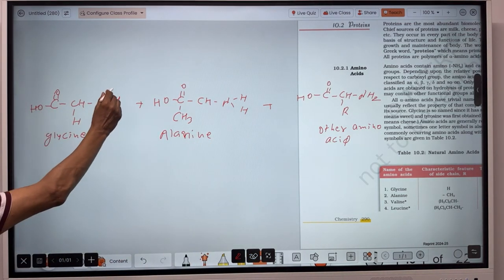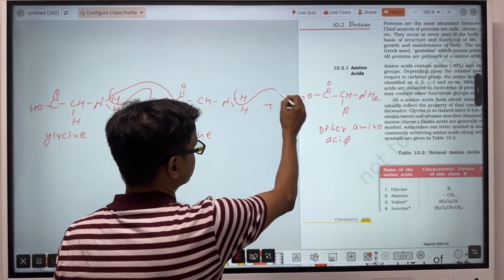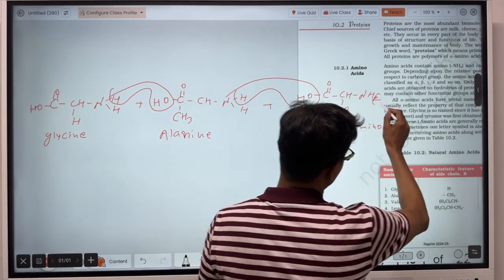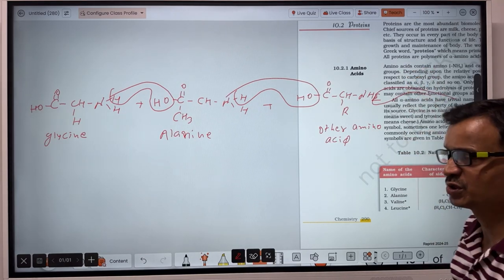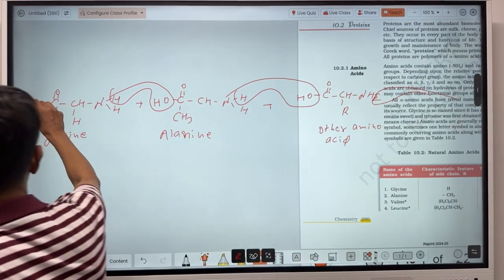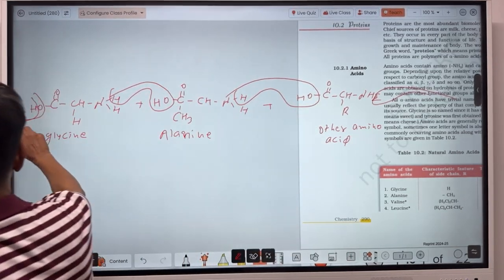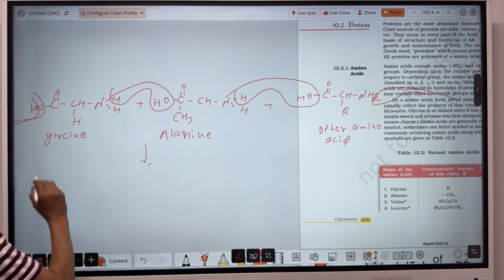What happened? Hydrogen of this amino group combines with OH to form H2O. In the same way, hydrogen of this amino group will combine with this OH to form H2O. Again, hydrogen of this amino acid will combine with the OH group of the other amino acid. Sorry, this OH will go. So during that course, how will the structure be?